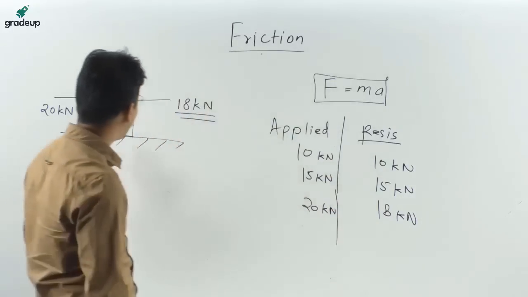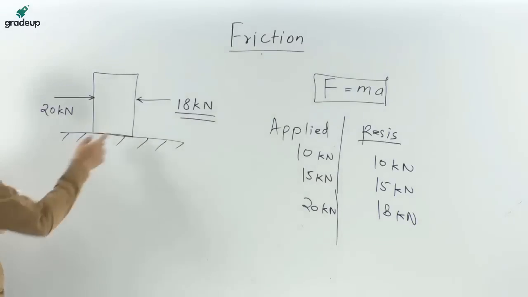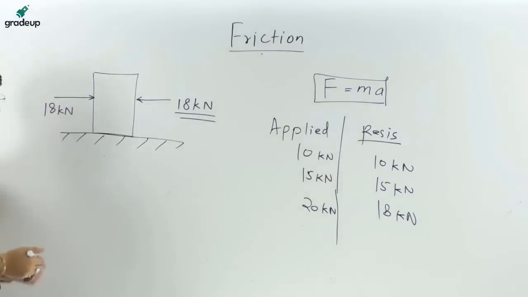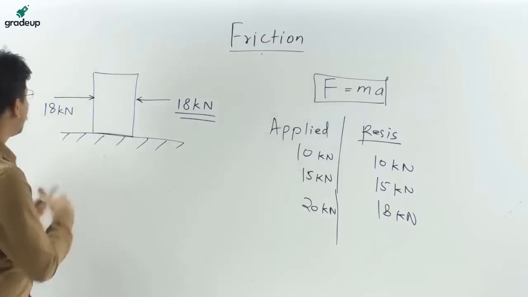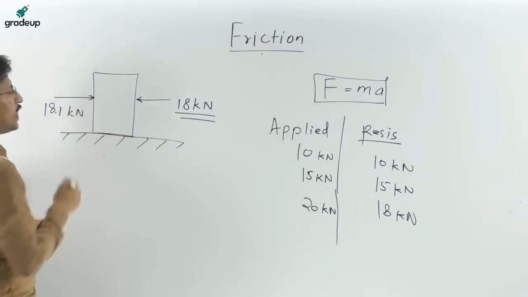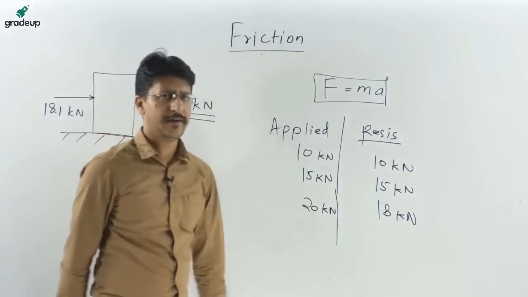The body starts moving as soon as we apply a force greater than this 18 kilonewton. At 18 it won't move; at 18.1 kilonewton, this body will start moving.